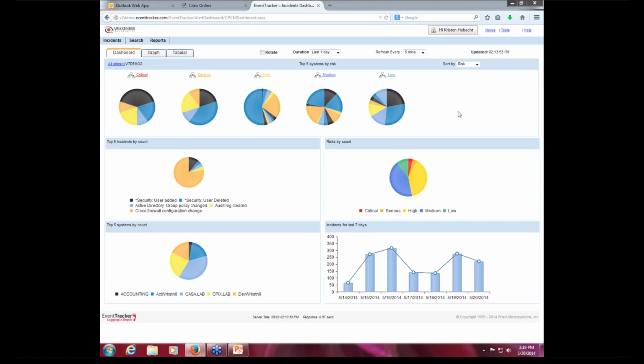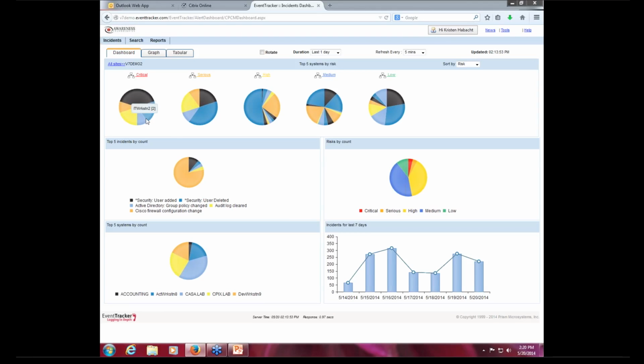The front portion of this product is essentially showing you incidents: what's happened across your network that you need to be aware of. Because of risk privileges, we escalate and show you in these buckets. Here are criticals, here are serious, and so on down the line.